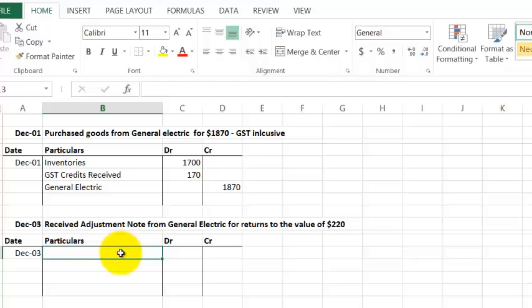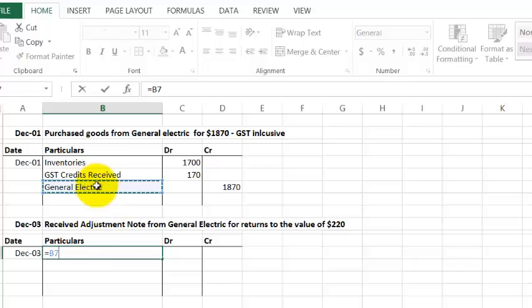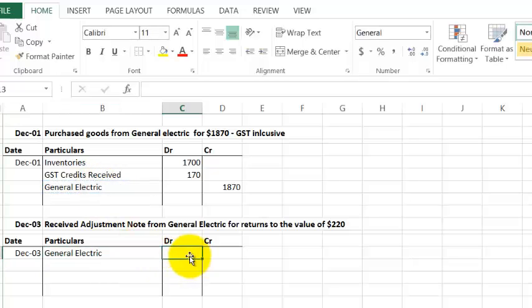So what we do, in the first instance, General Electric was the account there. The amount that we're returning is $220. All right. We also must reverse the amount of GST that we originally claimed for this rebate. The 11th of $220 is $20.